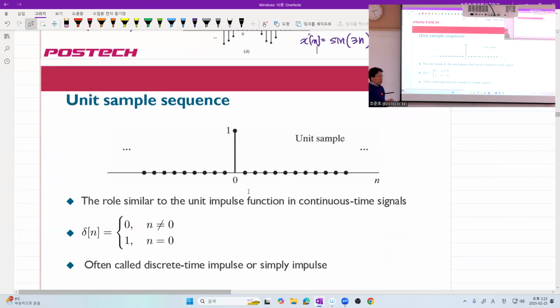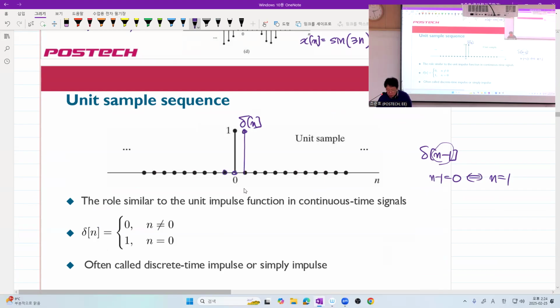Anyway, the unit sample or discrete time delta function is very, very useful after we delay or advance it. For example, this is delta of n, and let me ask you, what is delta of n minus 1? Since we need to find the time index n that makes the argument 0, at n equals 1 we have value 1 and all others 0, right?